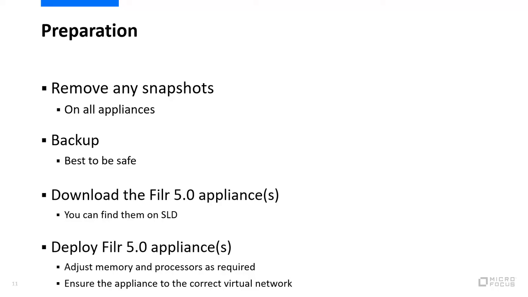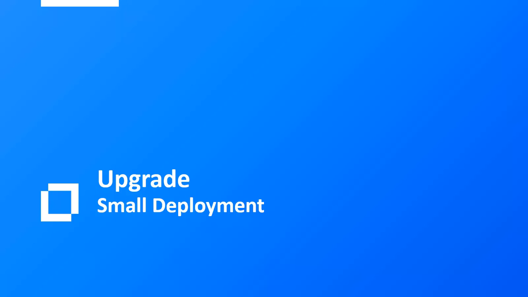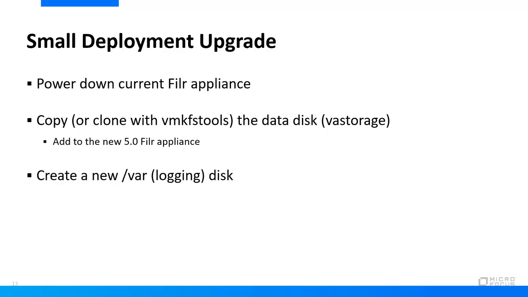So let's just go through what's involved in upgrading a small deployment. And actually, I'll go through this and take you through a live update as well. So first of all, you need to power down your current Filr environment. You don't want that running during the update because we're going to grab a copy of the data disk.